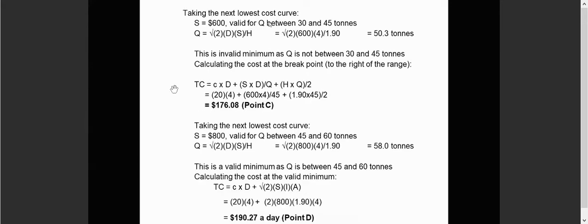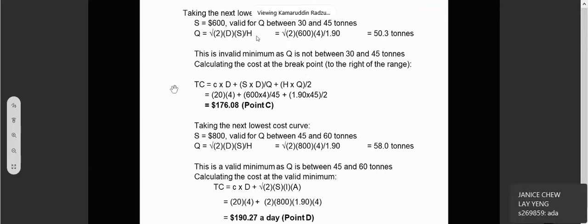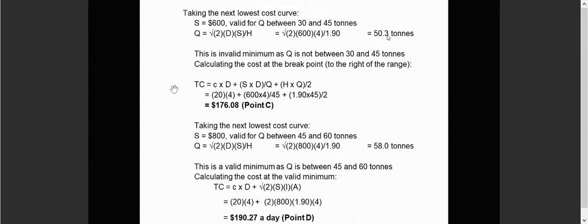So the next lowest cost curve is S at 600. Based on the optimum order quantity, we have 50.3 tons, and this optimal order quantity is also not valid for the ordering cost of 600.